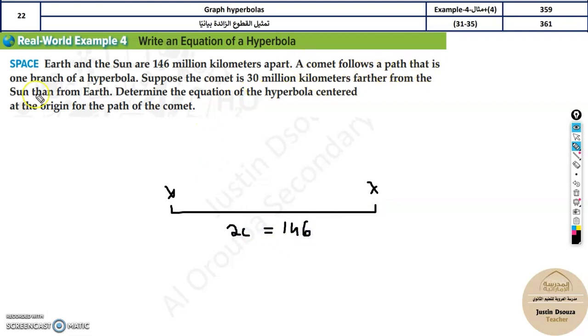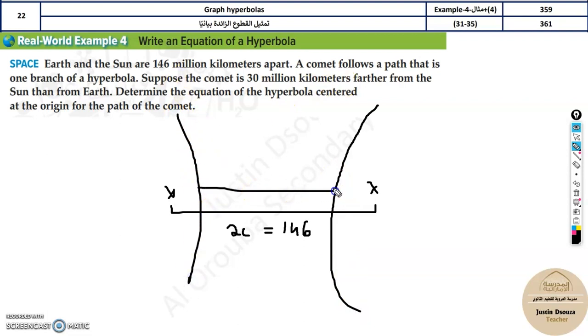Suppose the comet is 30 million kilometers farther from the Sun than from the Earth, so it is tracing something like this. And then what do we need? We need the equation of the hyperbola.